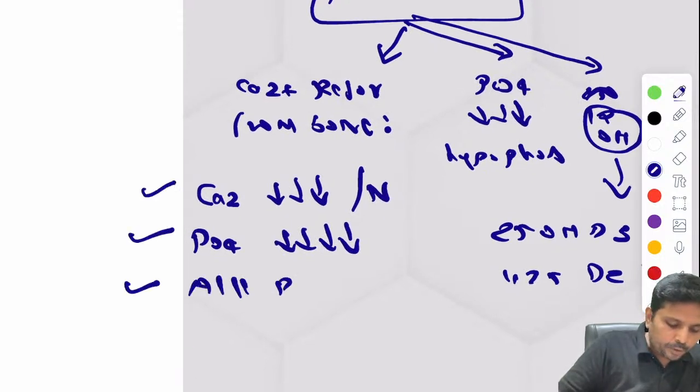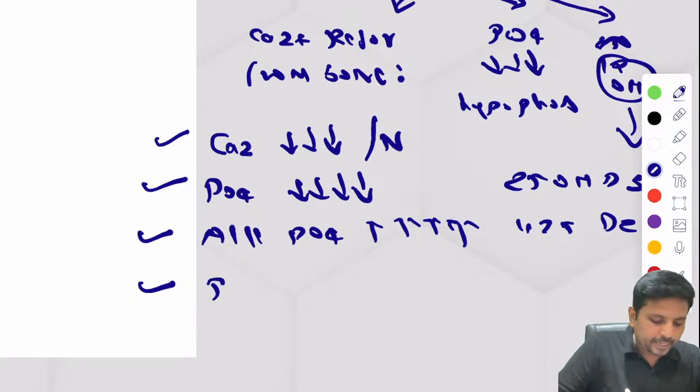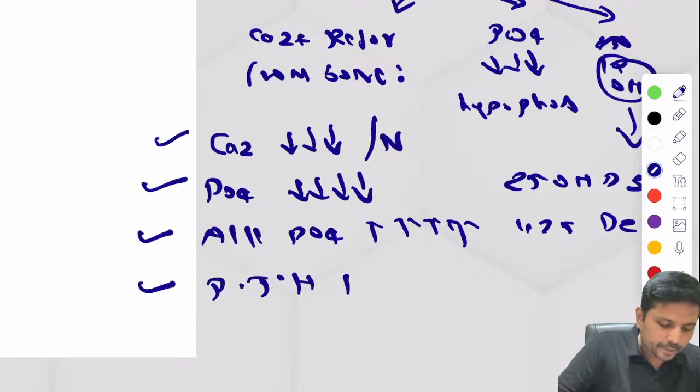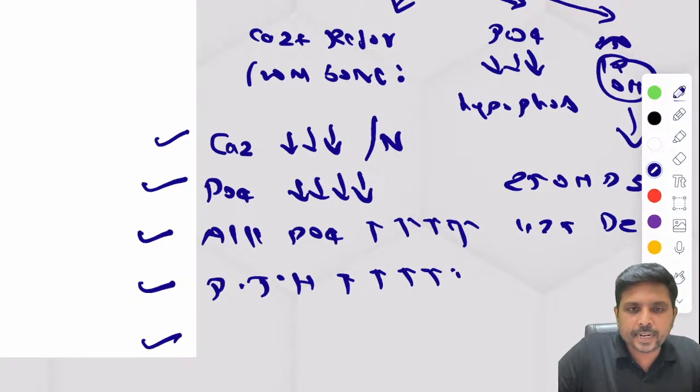Because of bone turnover, there is high alkaline phosphatase. What are the other points? There is secondary hyperparathyroidism. What else? So these are all the things you need to know.